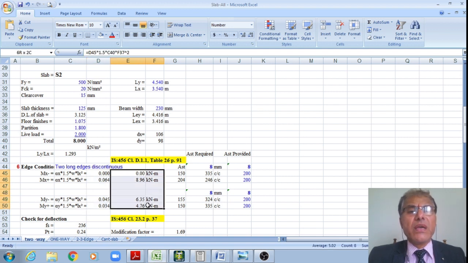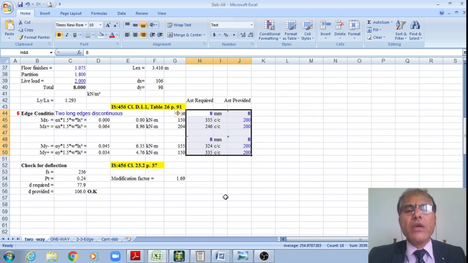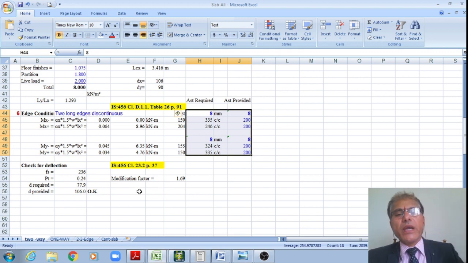Correspondingly the moments are given by this, and the area of steel required is 150, 204, 155, 150, whereas the 8 mm dia spacing required is 335, 246, 324 and 335 respectively, but I am providing 8 mm dia 200 center to center because I already provided the same reinforcement in the just left span also.